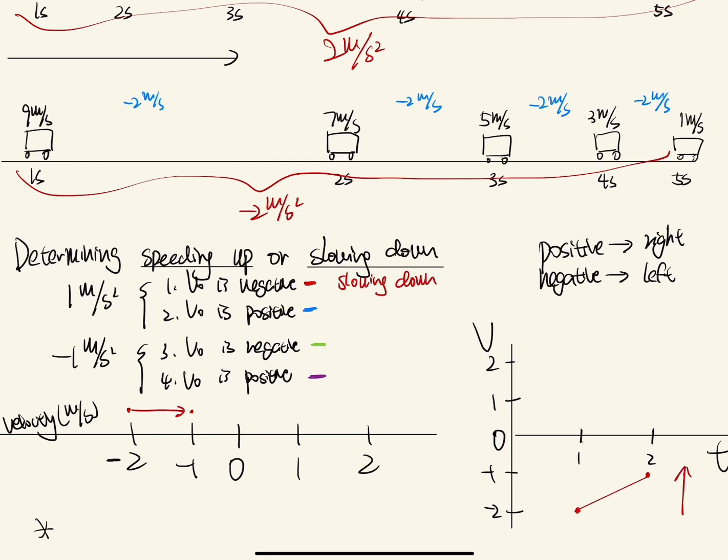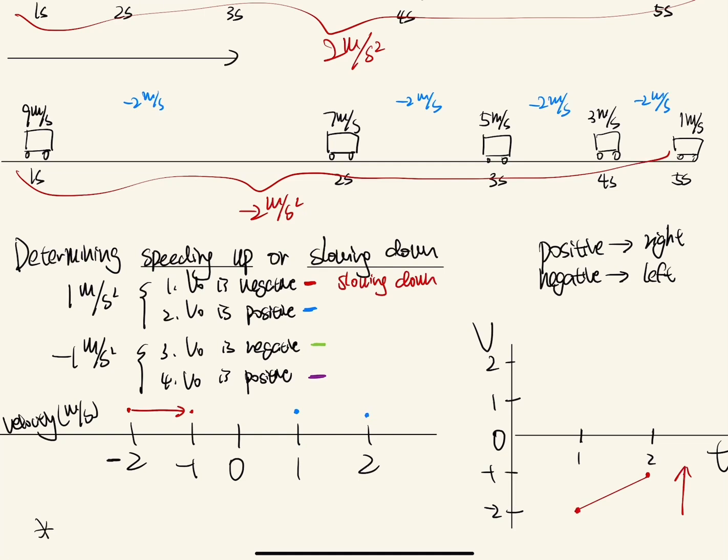Now let's consider the scenario when the initial velocity is positive. Let's say originally it's moving 1 meter per second. And since the acceleration is 1 meter per second squared, we would expect that the velocity when t equals 2 is 2 meters per second.